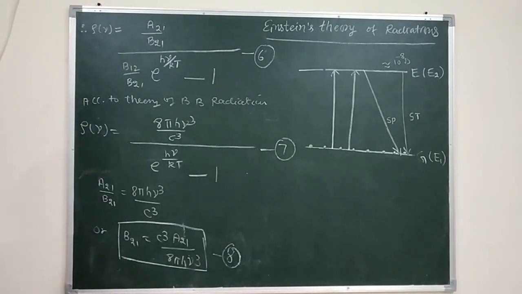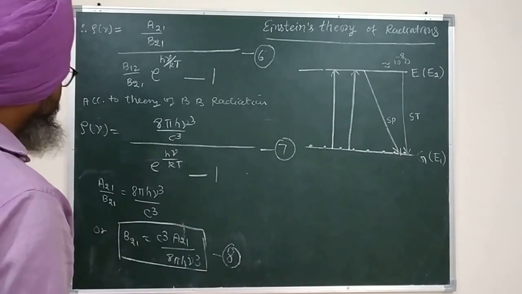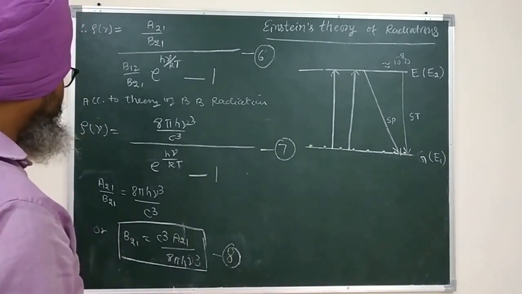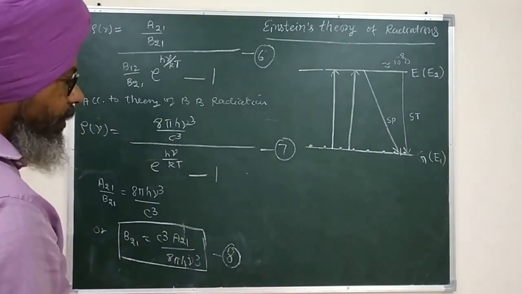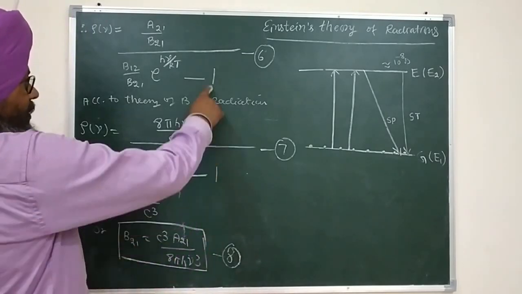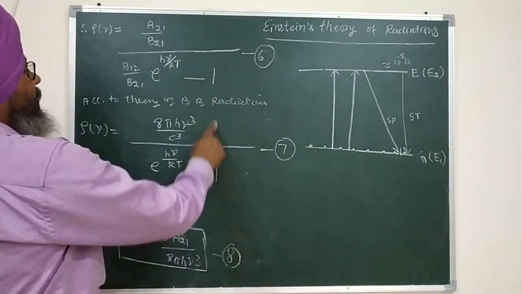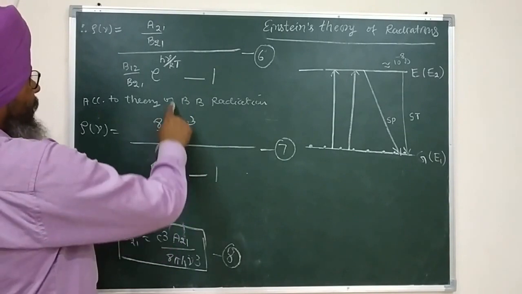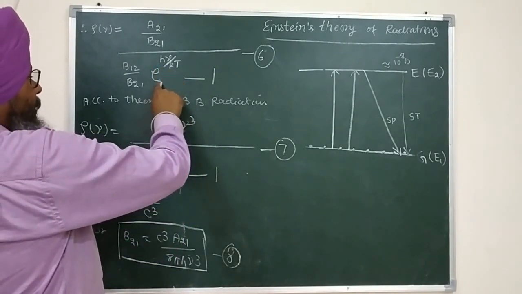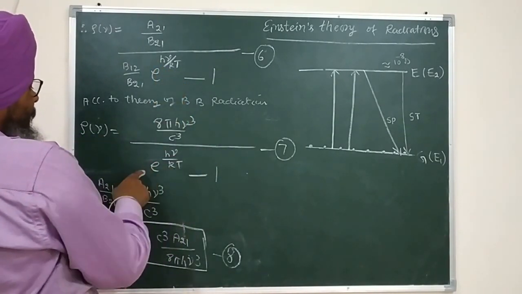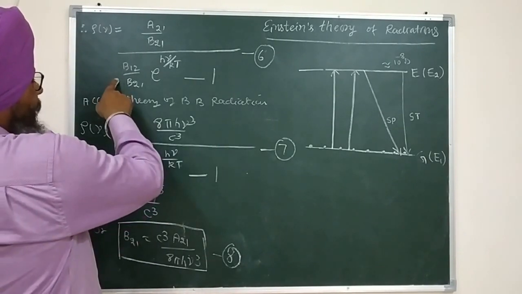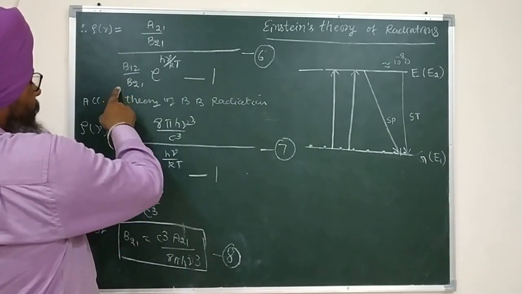Now when we compare equation number 6 and 7 for denominators, you can see 1 is here in both of them, minus is here in both of them, e raised to power h nu by kt is here in both of them, but its multiplier here is 1, and its multiplier there is b12 upon b21.